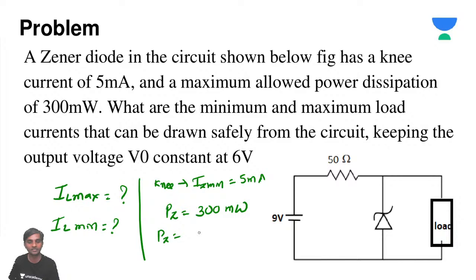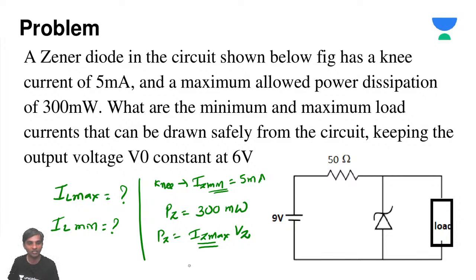We know PZ is going to be IZ maximum into VZ. Already IZ minimum is existing, so we can calculate IZ maximum from PZ.